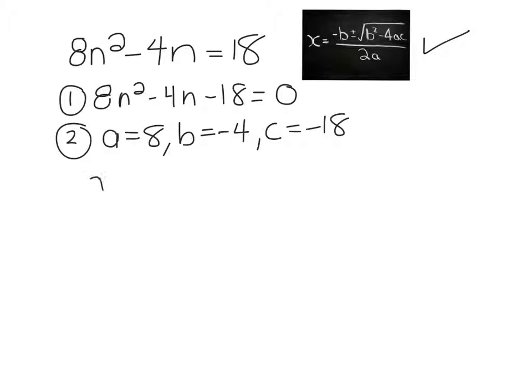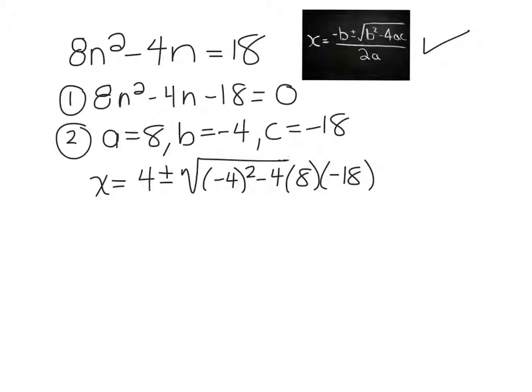So when we substitute these values, x or n, which will end up being, is -4 plus or minus the square root of -4 squared minus 4 times 8 times -18. And that'll be over 2 times a, which is 8.